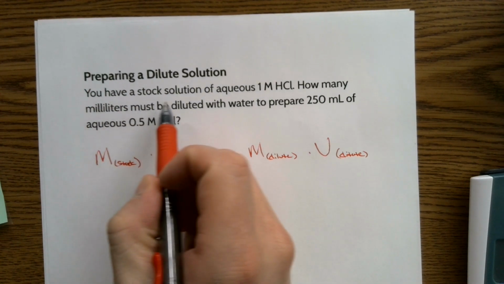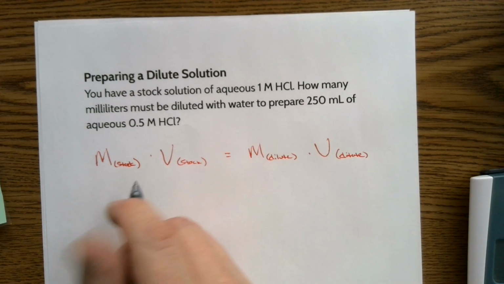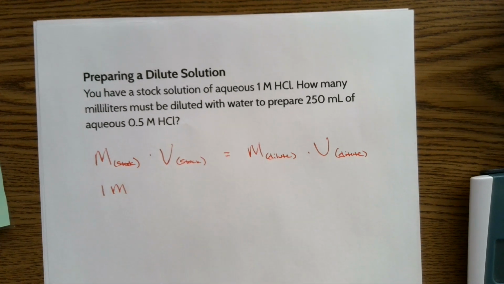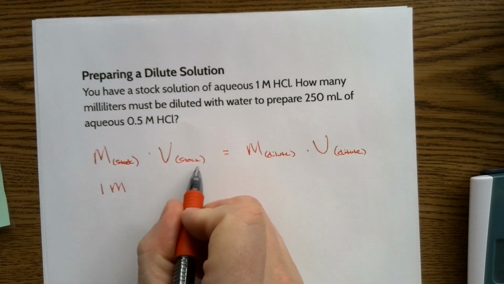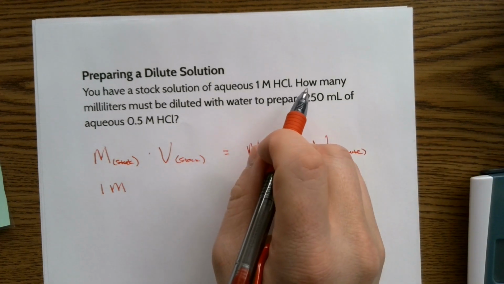You have a stock solution of an aqueous 1 molar HCl. So our stock solution is 1 M HCl. Our V stock, well, it doesn't tell you what that is, so we go to the second part.